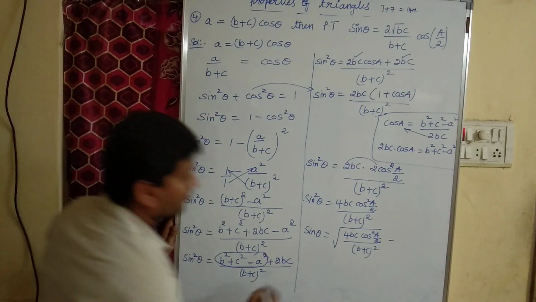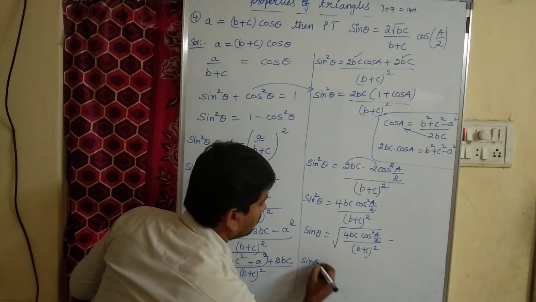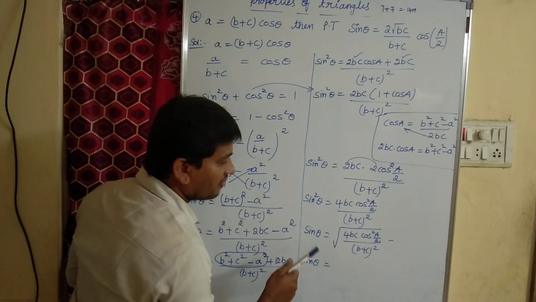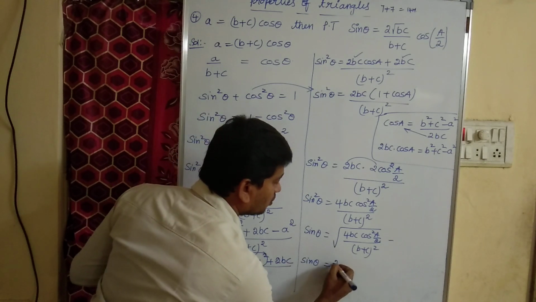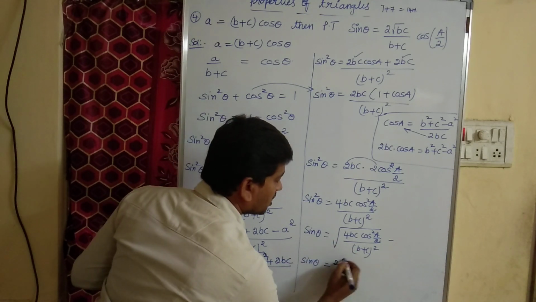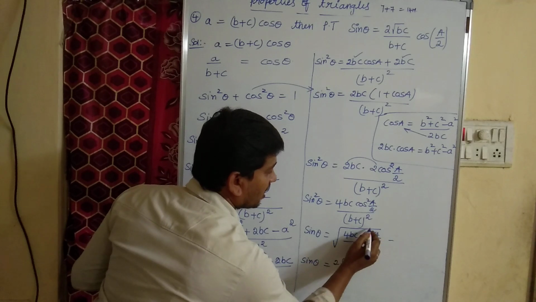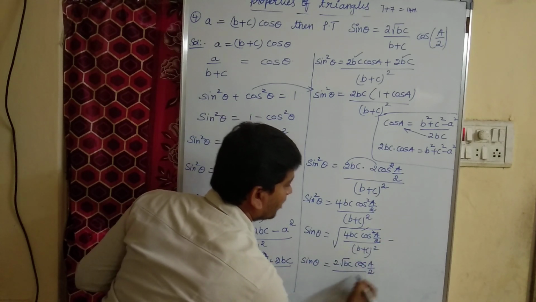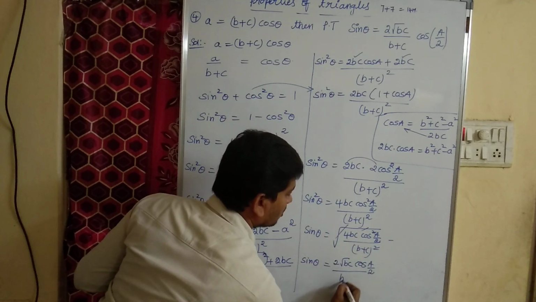Right? Now if we apply root to each and every term, root 4 will become 2 and root bc, again square root cancel, cos A by 2 divided by, again square root cancel, b plus c.